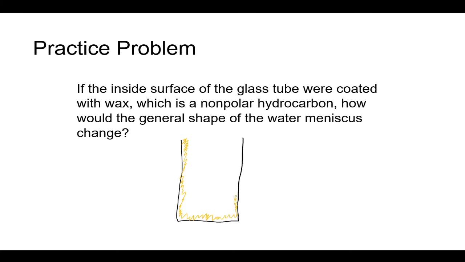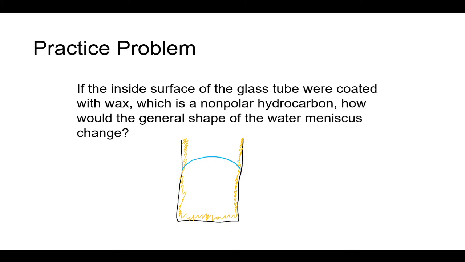Time's up. Okay, so now we're taking this glass that was in black and coating it with this hydrocarbon, nonpolar, and now I'm going to pour water into this tube. And it's going to look exactly like the mercury example. That was pretty poor. It's going to be this meniscus that is curved like this, right?